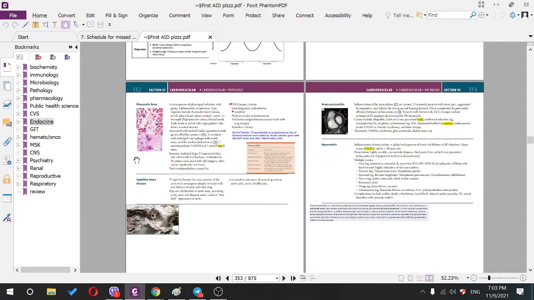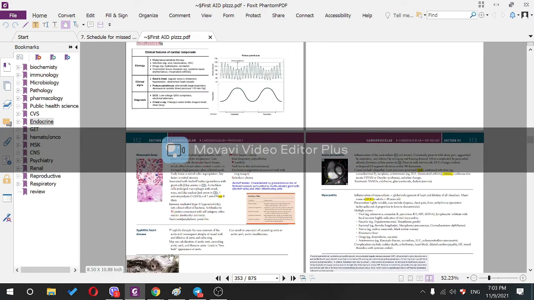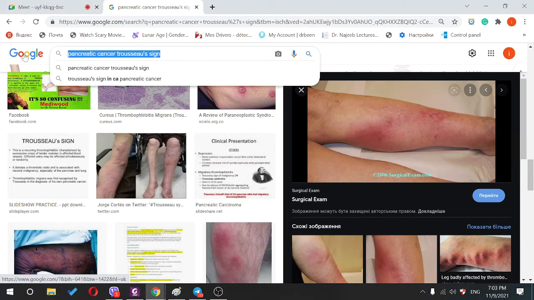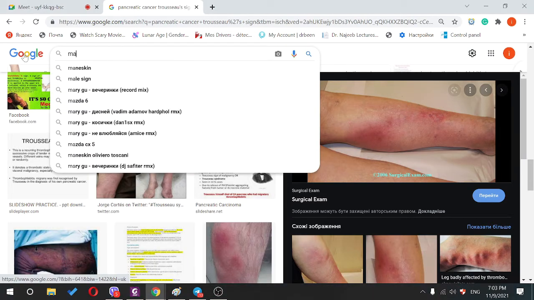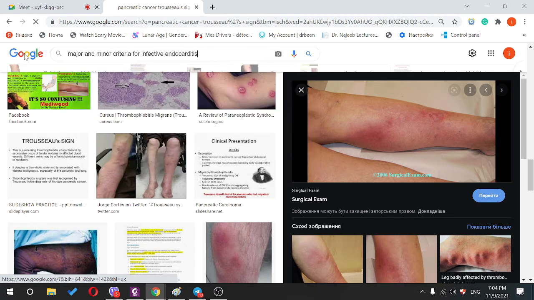Okay, so the next topic, wait a second, guys. There is something called major and minor criteria. What are these major and minor criteria? These are a couple of criteria that help you diagnose what? Endocarditis.